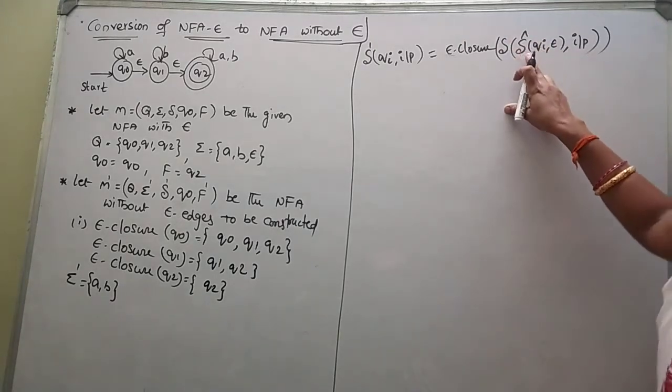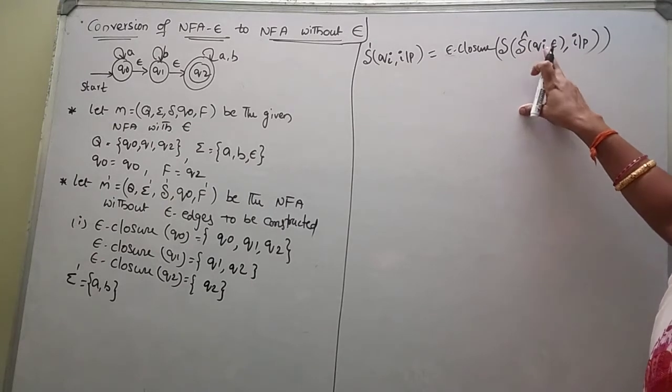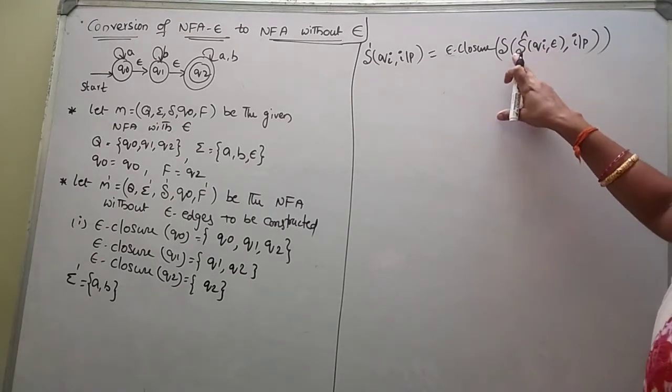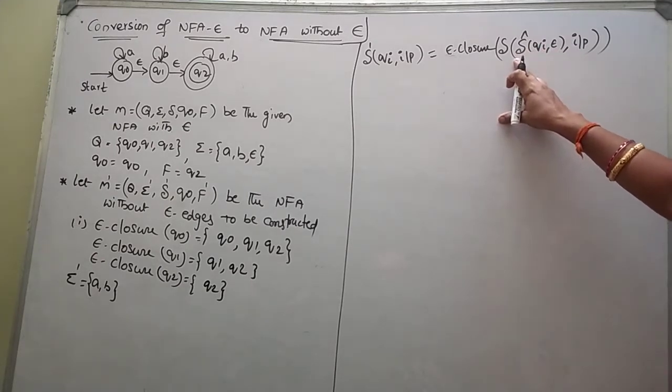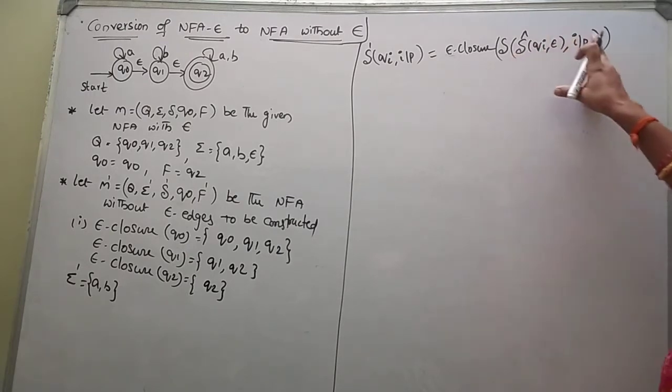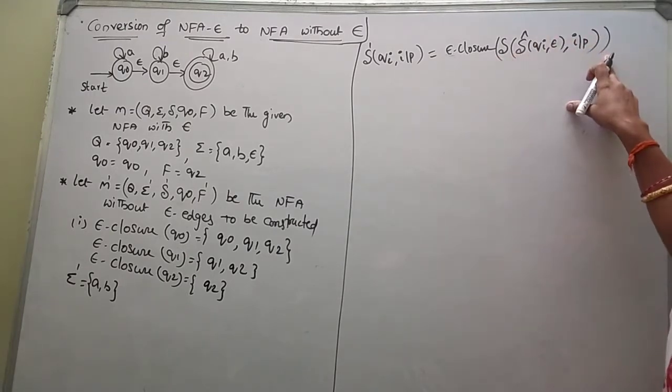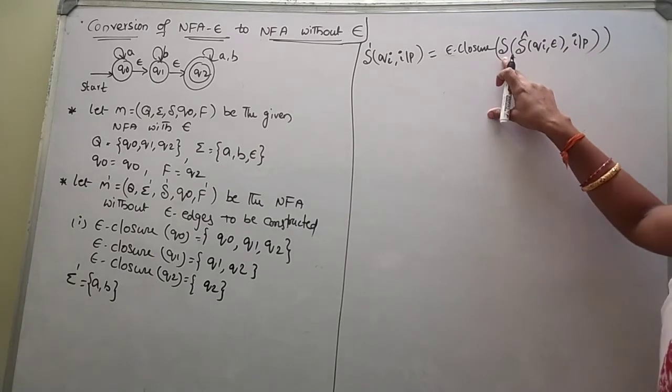First we need to find delta cap of Qi comma epsilon, later compute this and then go for the mapping function.